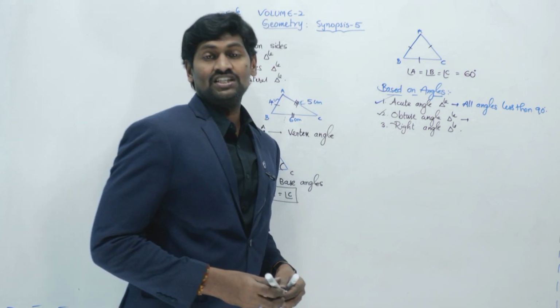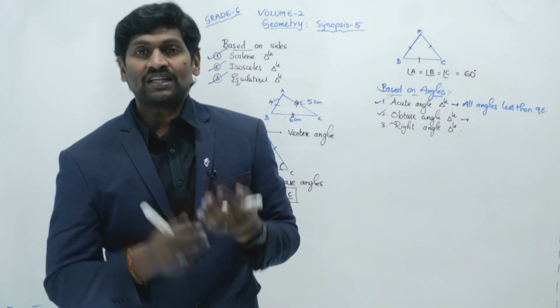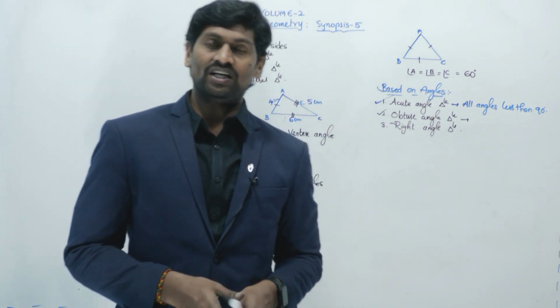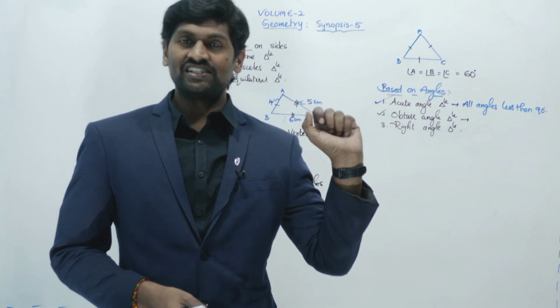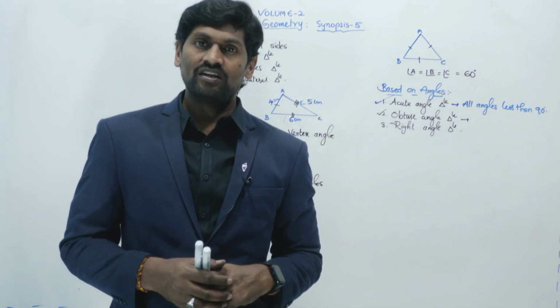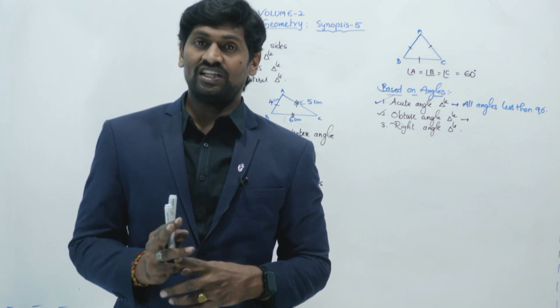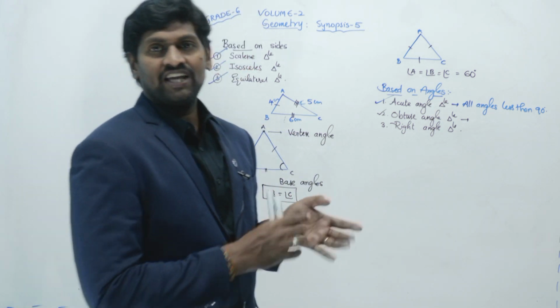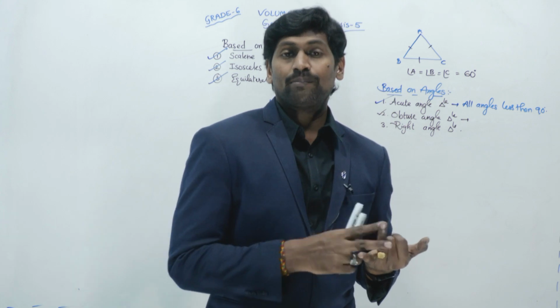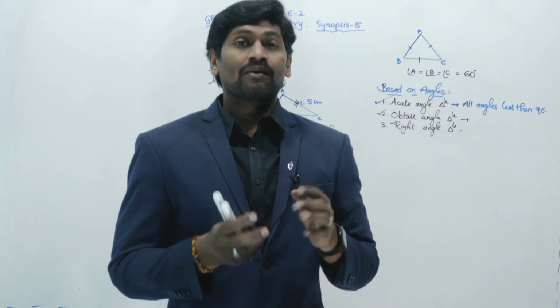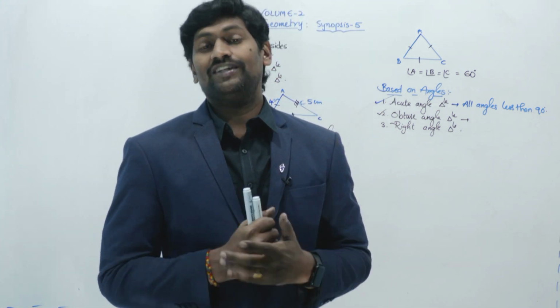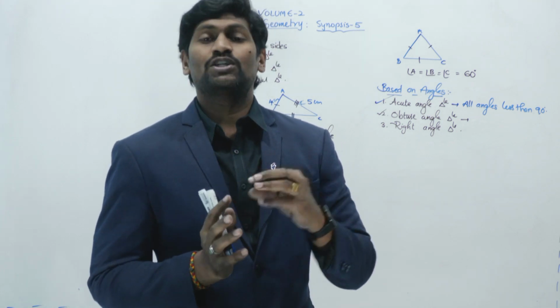Now coming to obtuse angle triangle. An obtuse angle is more than 90 degrees but less than 180 degrees. If you take two obtuse angles in a triangle, no triangle is formed, because the sum of the three angles is 180 degrees. For example, I take one of the angles as 120 degrees. The remaining two angles must be acute, and the sum of those two is 60 degrees.